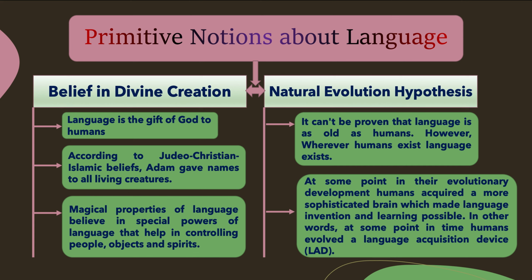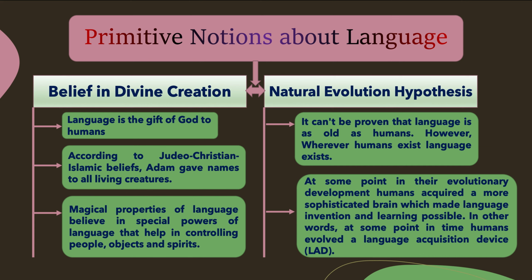So the scientific view of human existence is that at some point in their evolutionary development, during the process of human development, which took thousands and thousands of years, humans got a more sophisticated brain. It means that when the body developed, in conjunction with that, the human brain also developed. When it developed, humans started thinking that now we have the mind, we have the brain, we have thought, we can think in a much better way. But how to think, how to organize ideas?